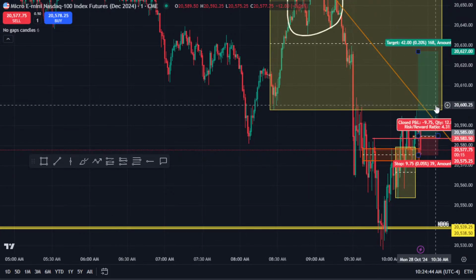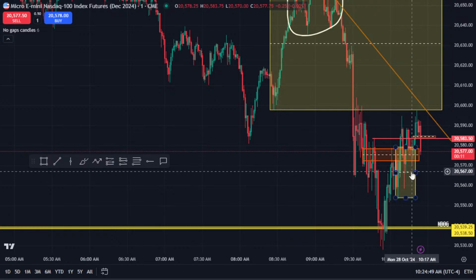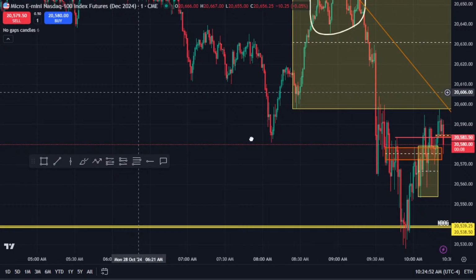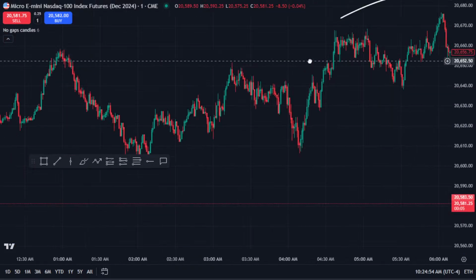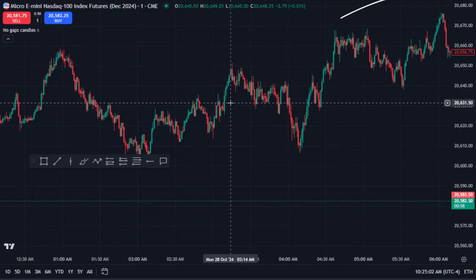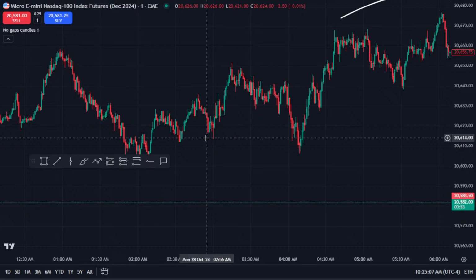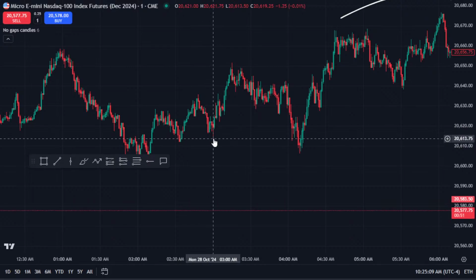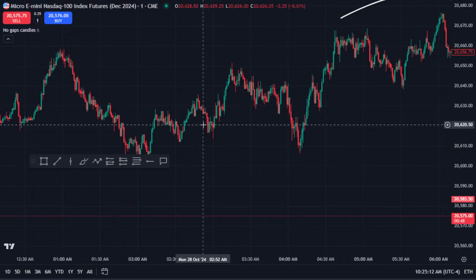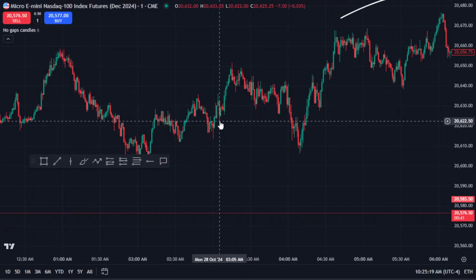So prior to 9:30 or around 9:30, we already had a run. So later, either a later session or we got a move already. Came back down.